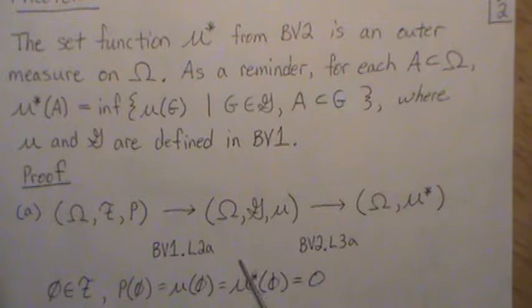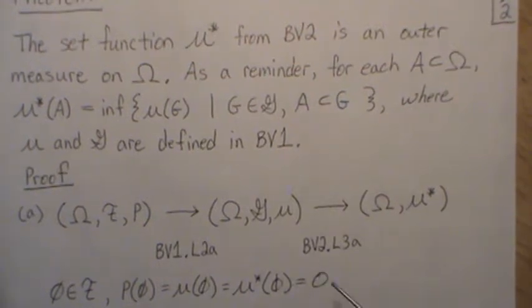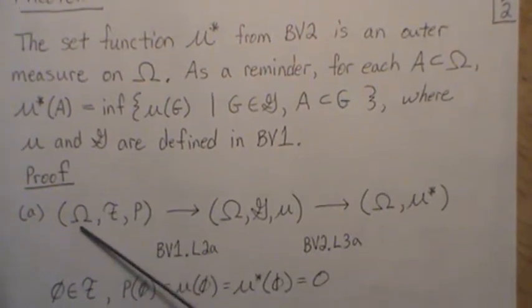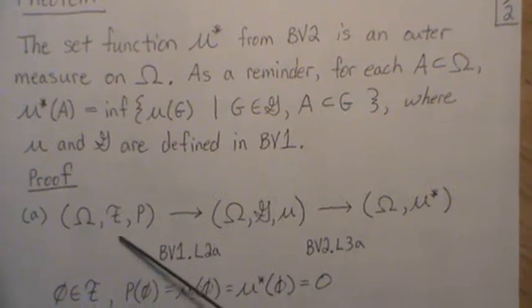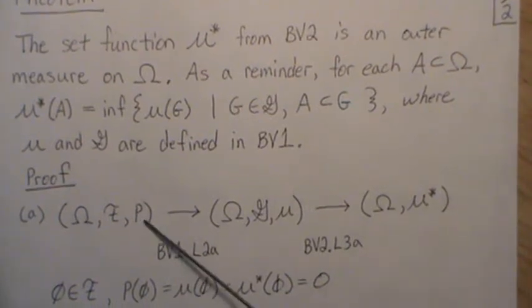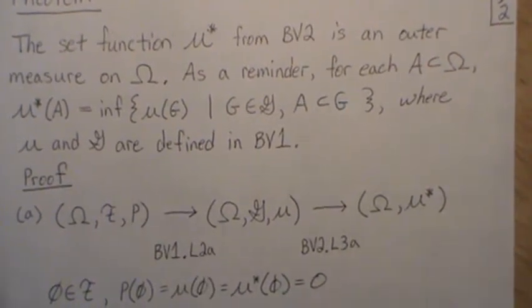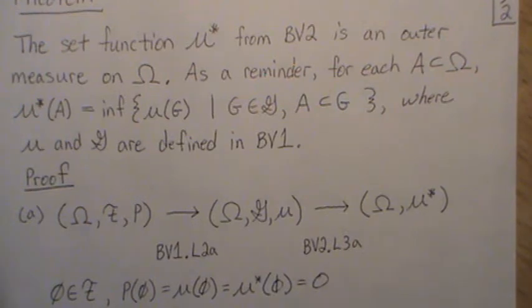So here's a little illustration of what we're doing. We have omega, we have a field on omega, and we have a probability measure on that field. Now, fields behave so nicely, and it's so easy to develop structure on a field. But to extend the probability measure to larger and larger sets is not always straightforward, and it may not be unique. Actually, it's not unique.